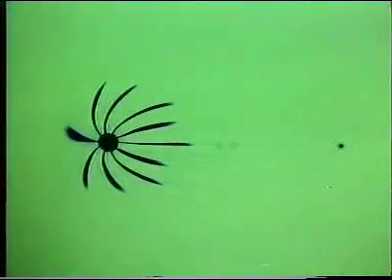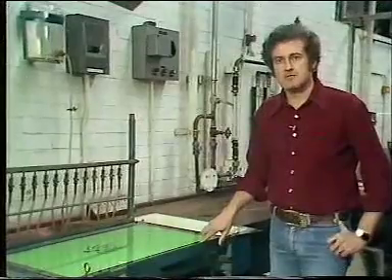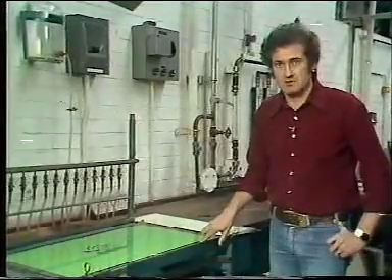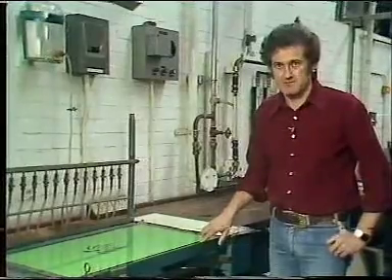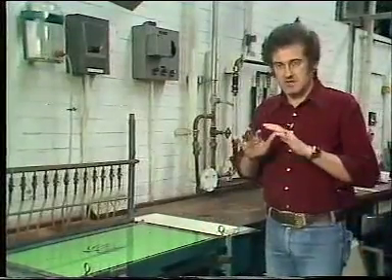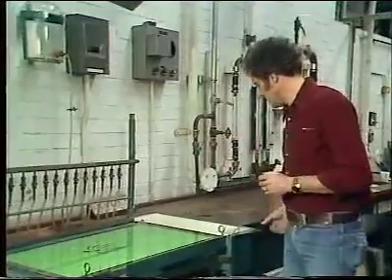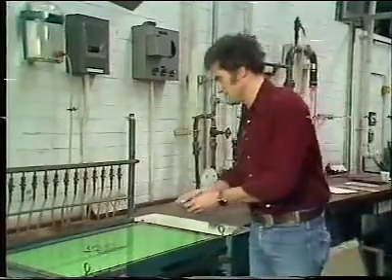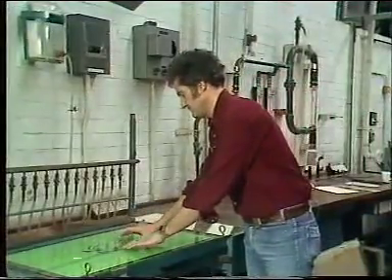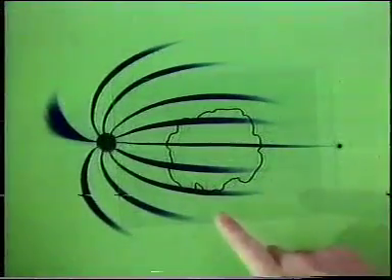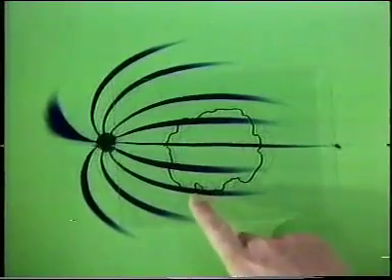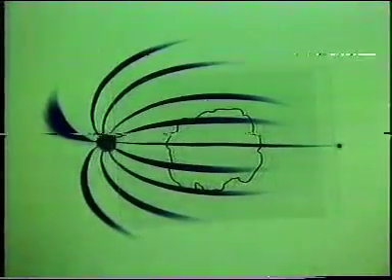Now we're going to use this illustration of flow to prove a very important theorem in applied mathematics. It's the theorem that connects surface and volume integrals, and it's so important that we must look at it very carefully. I want you to imagine a three-dimensional situation where we have a volume here. You can see how the fluid is flowing into the volume on this side and out on this side.